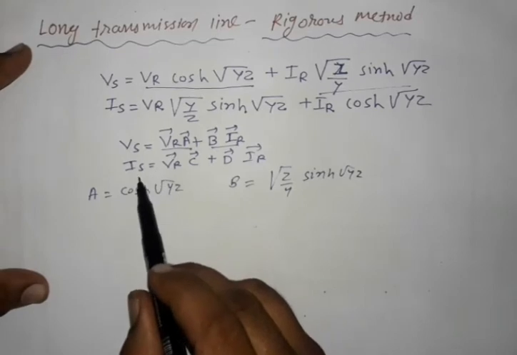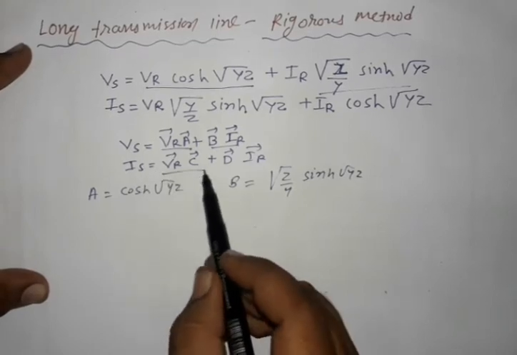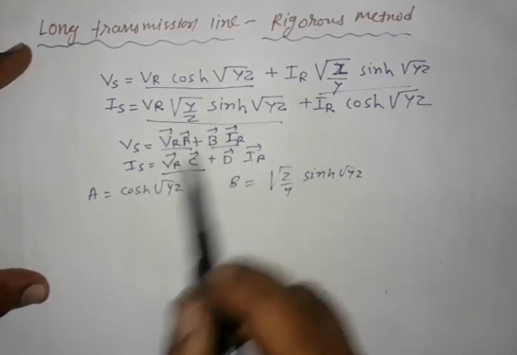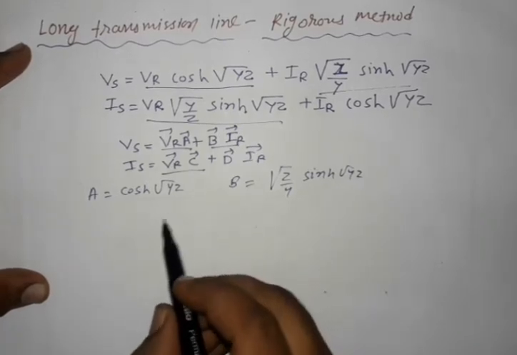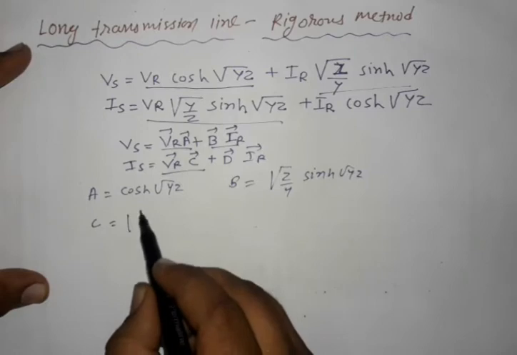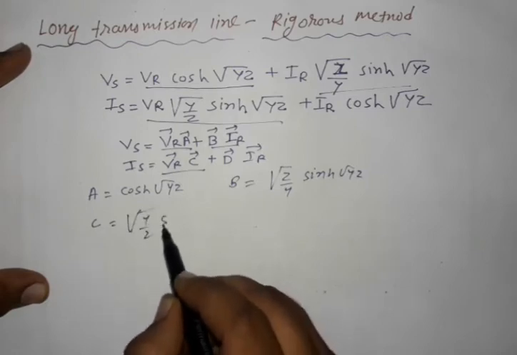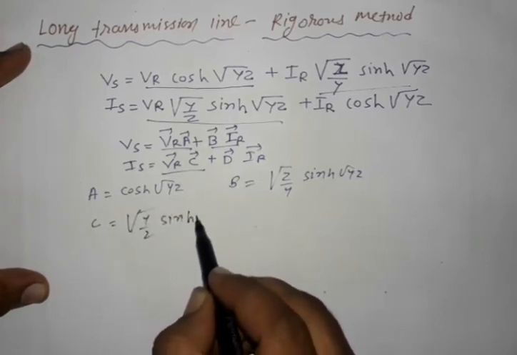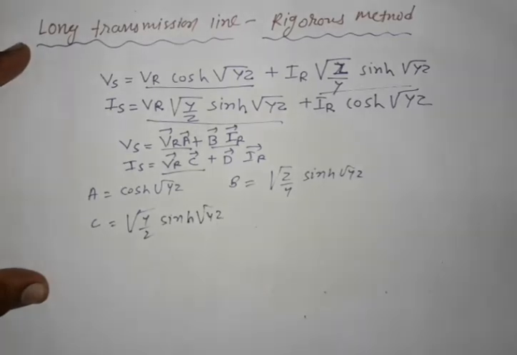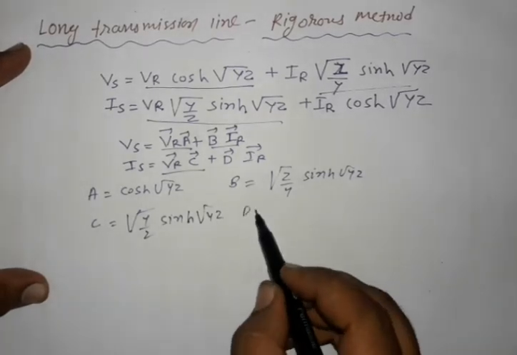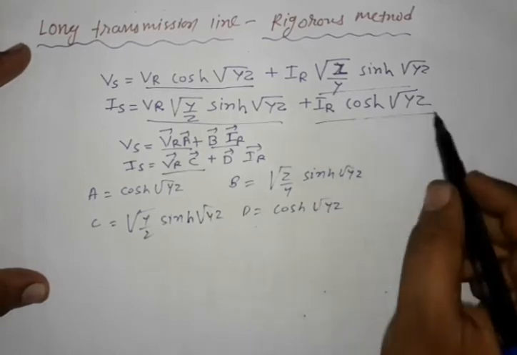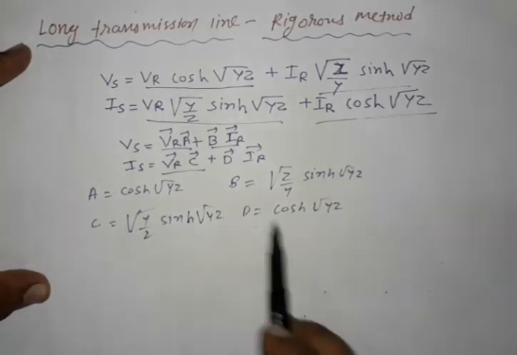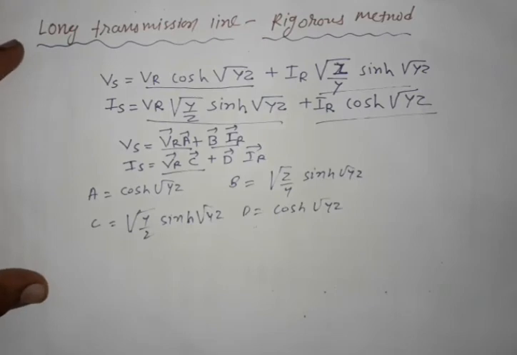Now from the sending end current equation, Vr C, here Vr √(Y/Z) sinh(√(YZ)). So C is equal to √(Y/Z) sinh(√(YZ)). Now D is equal to cosh(√(YZ)). So these are the ABCD parameters for the long transmission line.